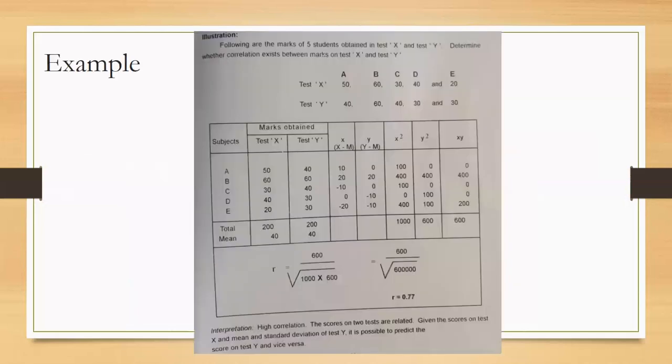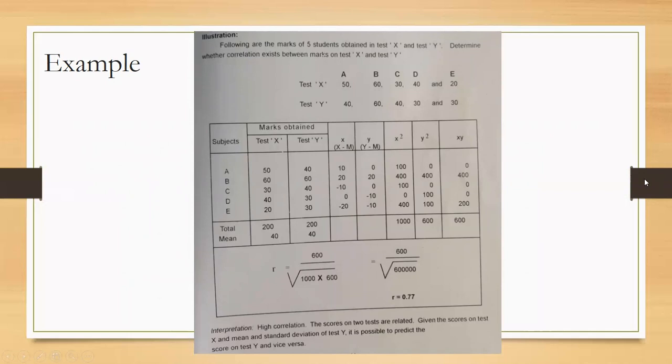You total the data and find the mean, then subtract the mean from the data to get x and y, square them, and also multiply x into y. Then you sum it all up and substitute it into your formula.